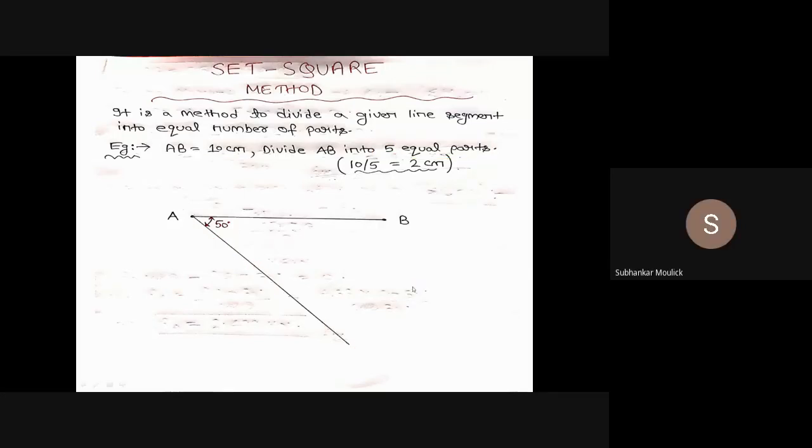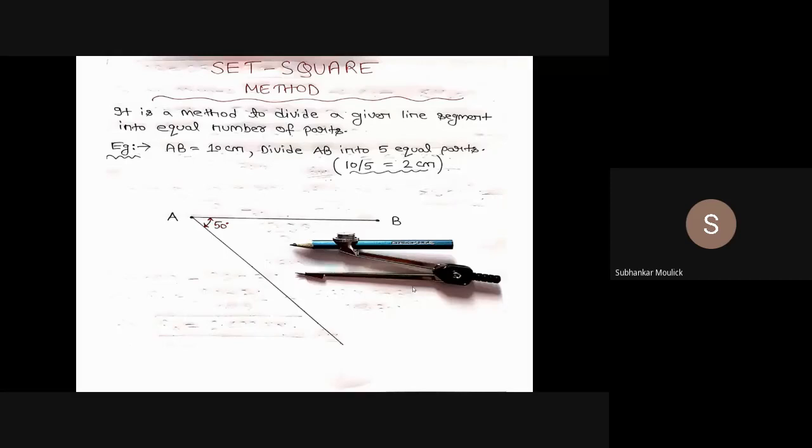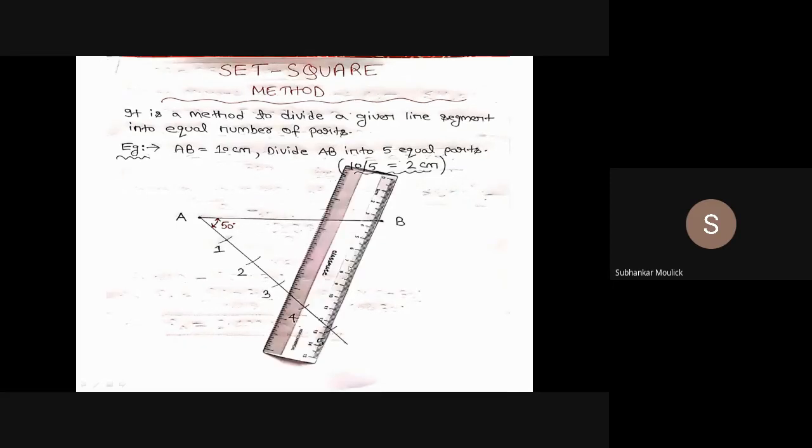Next method. What is the next method? With the help of this compass, you will divide this infinitely long inclined line into 5 equal parts.